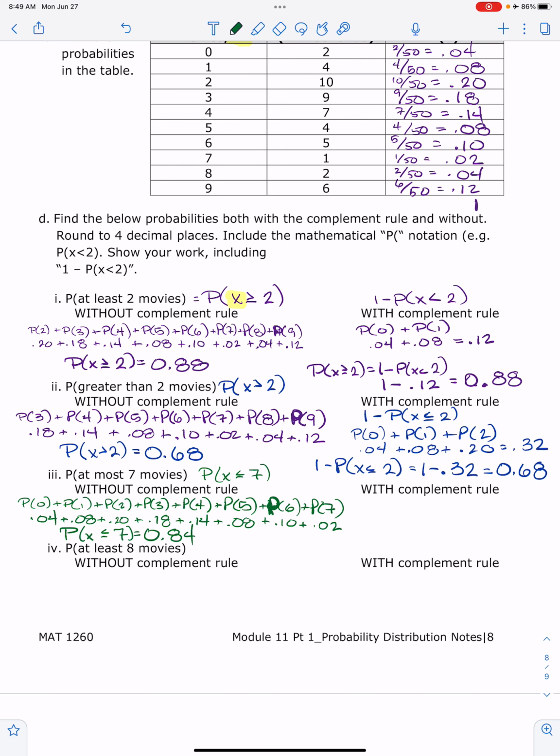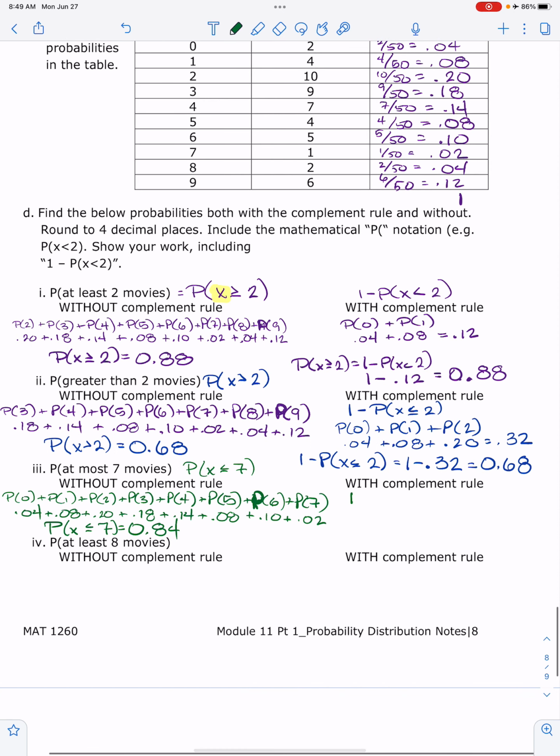Most people are more comfortable adding up, but once you get the hang of this, life is a whole lot easier. So this is 1 minus the probability that X is strictly greater than 7. So that's the probability he watched 8 movies or 9 movies. That 8 movie is 0.04.